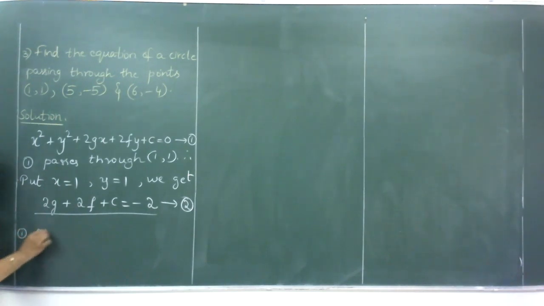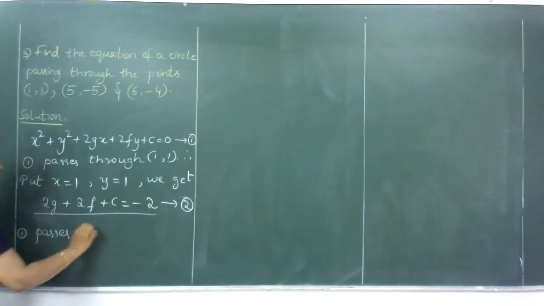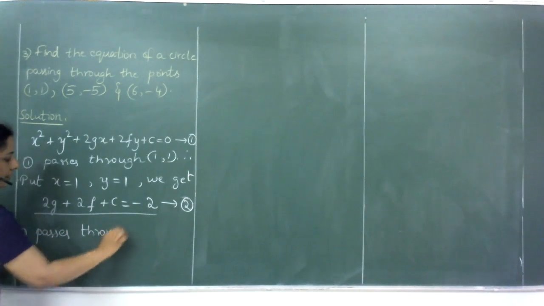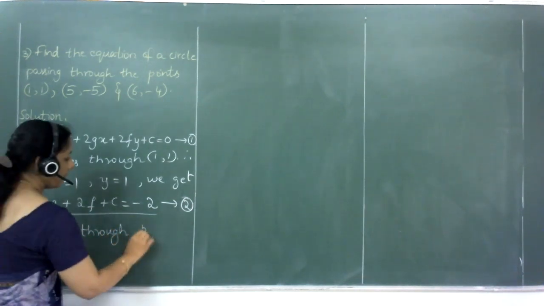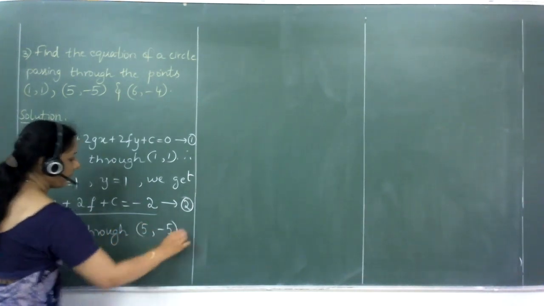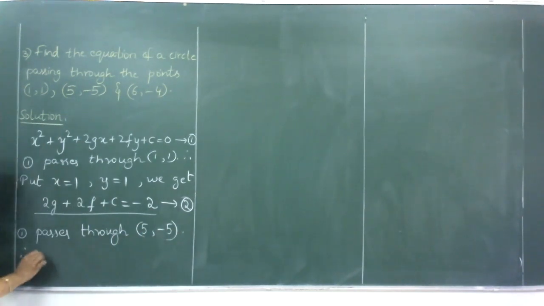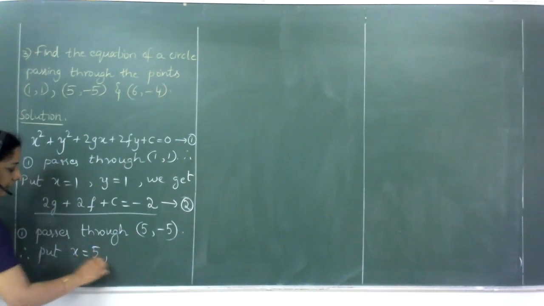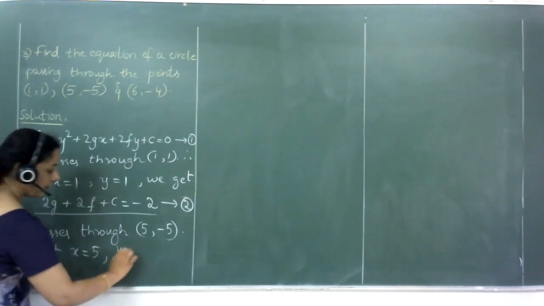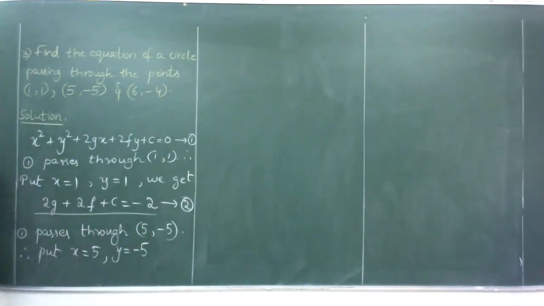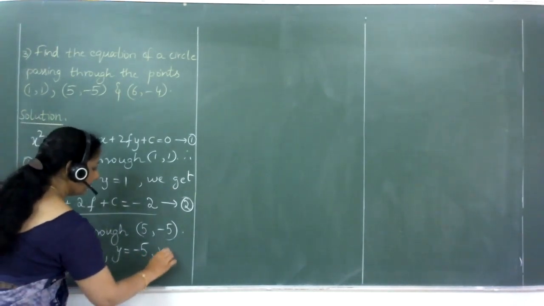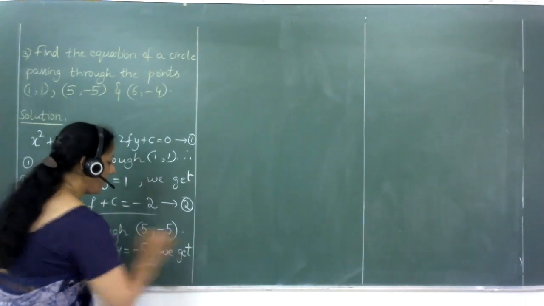Circle 1 is passing through the second point whose coordinates are 5, minus 5. So we can substitute x equal to the x coordinate of the point, 5, and y equal to the y coordinate of the point, minus 5, back in equation 1. What do we get then?